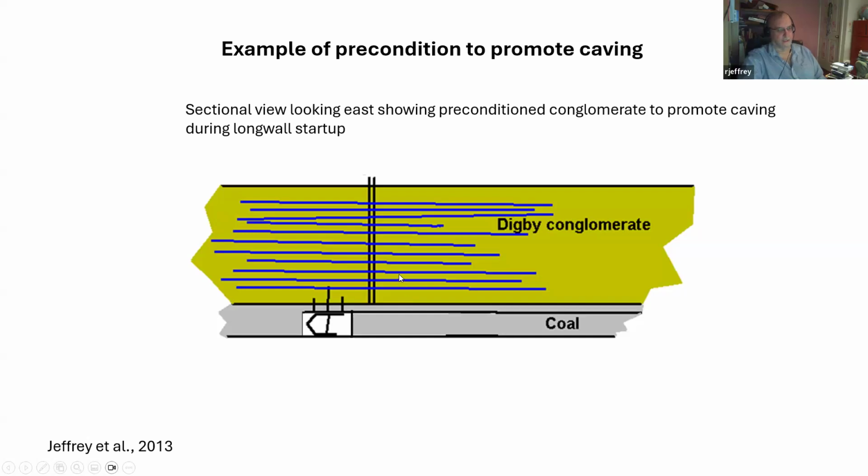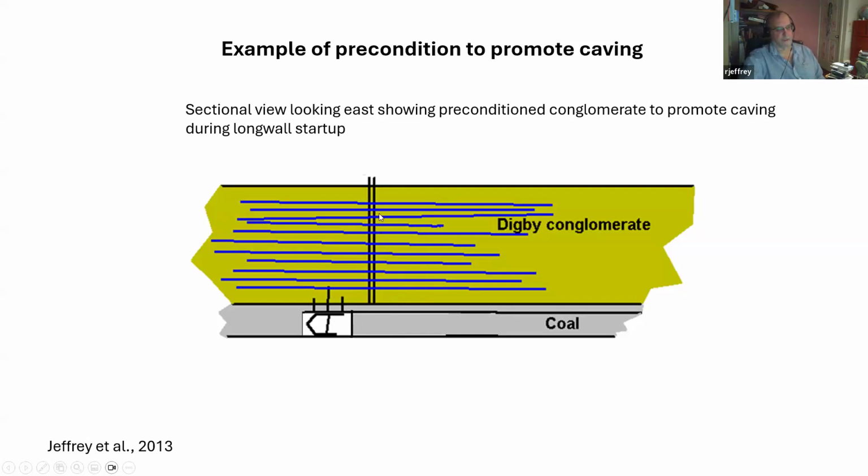This was a new mine at the time we introduced fracturing, and they knew about fracturing from Mooney. So they were looking for a way to weaken the rock and ensure it would cave normally and not stand up for a large distance, creating a gas displacement risk to the mine.